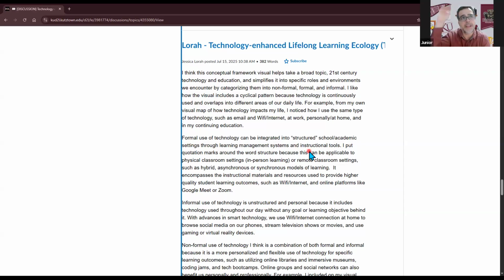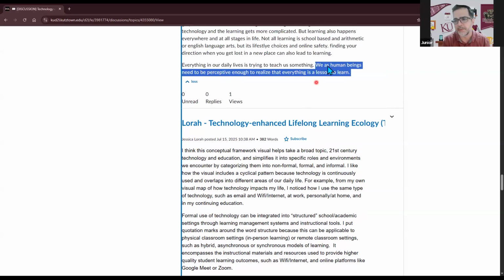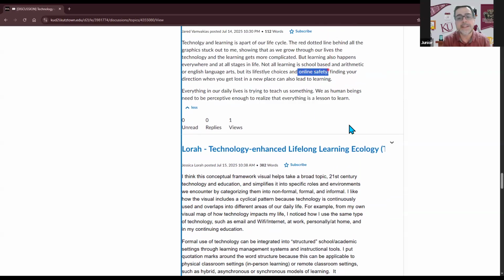This is a higher level of thinking, but this is what we need to trickle down so that we can teach this mindset and aptitude to our students. We need to use the technology. We need to be empowered by the technology and not let the technology dictate how we do things or how we live. We should not take technology for granted, just like Jared said before about online safety.